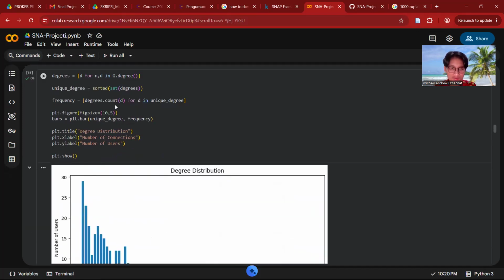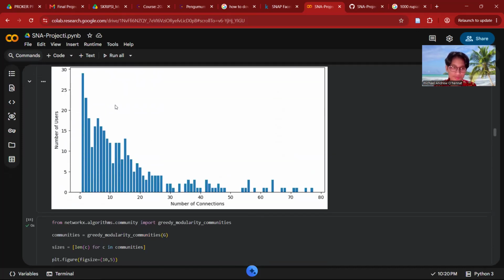Okay, let's carry on. The degree distribution. What is the degree distribution? The degree distribution shows the number of connections and the number of users. So we can see there are maybe 29 users that have just one connection.